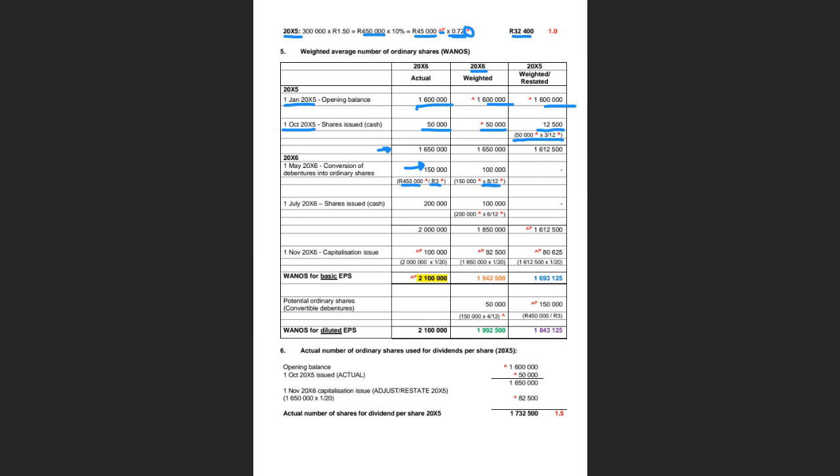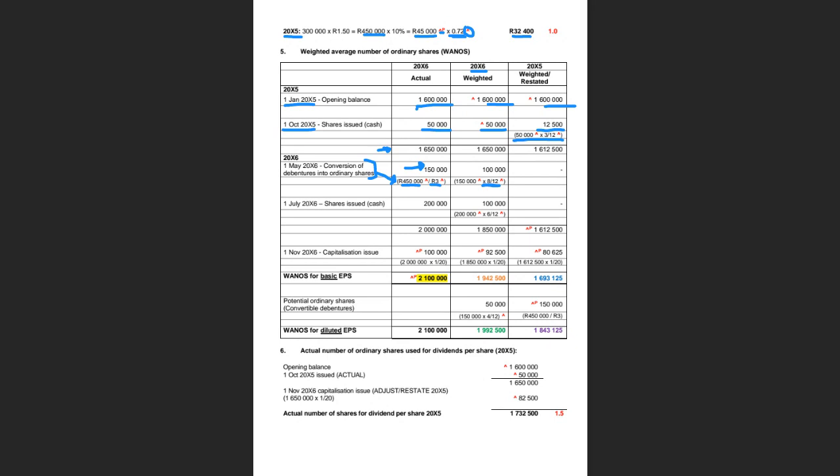The other thing is this is a full value issue technically. How do we know it's a full value issue? Because they transferred the 450,000 Rand into ordinary shares. They moved it from liabilities into ordinary shares. And because of that movement, it's a full value issue. Okay, does that make sense?